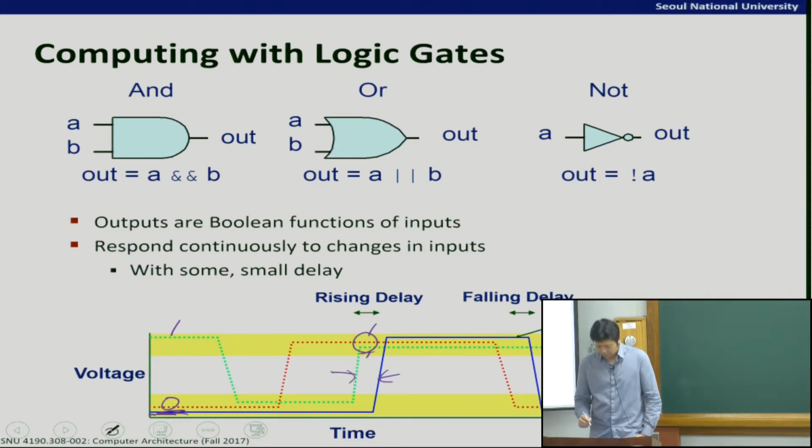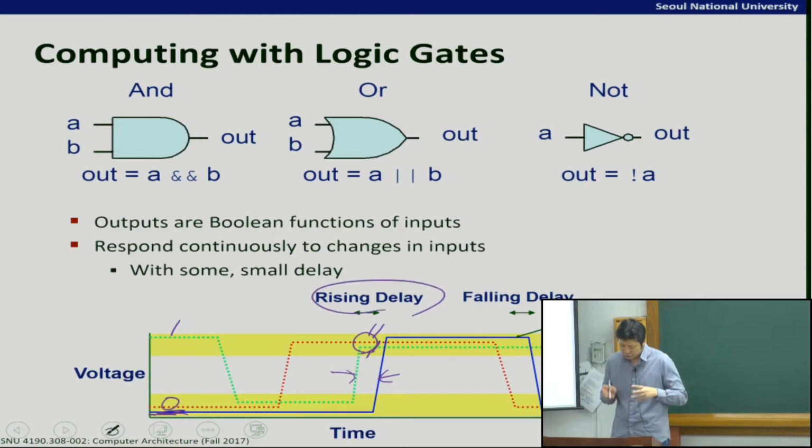Because both inputs are 1 at this point, the output should be 1, but after a little bit of delay. This is called rising delay, because it is the delay for the value to make a transition from 0 to 1. Let's say after a little while, signal A becomes 0 again.